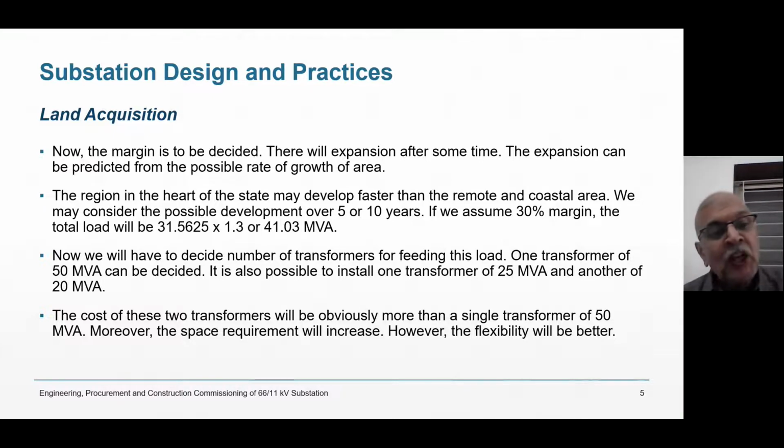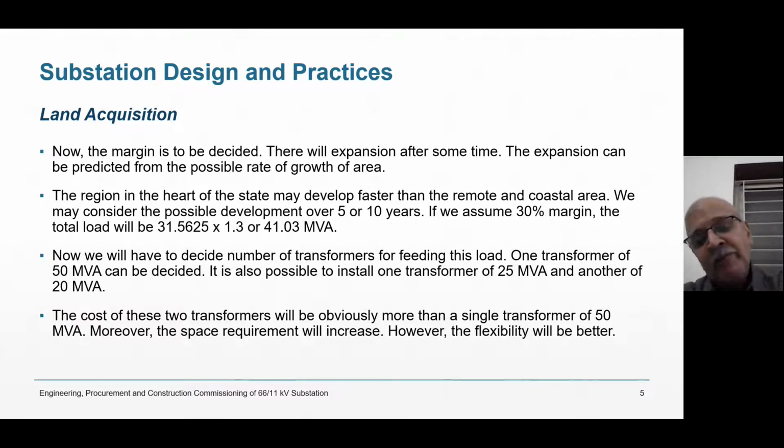I can have two transformers of 25 MVA each, or one of 25 MVA and another of 20 MVA. That is also possible. So if one transformer goes, another is available. But then I have available only 25 MVA or 20 MVA. My demand at least as of today is 31.5 MVA. So I am not catering to the whole demand.